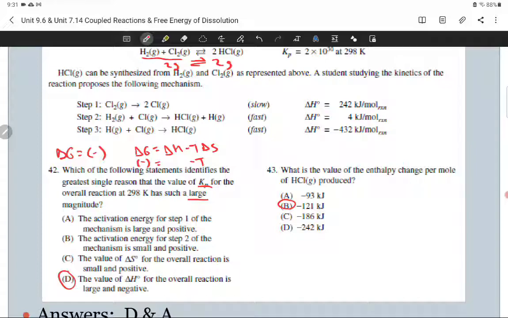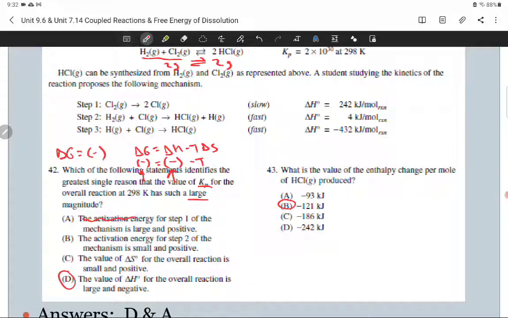So that's going to be a little tricky. So we're not quite sure on that, but we have this negative value here. What would happen if this was negative? That would certainly help in making this a negative. Do we have any answers that deal with that?